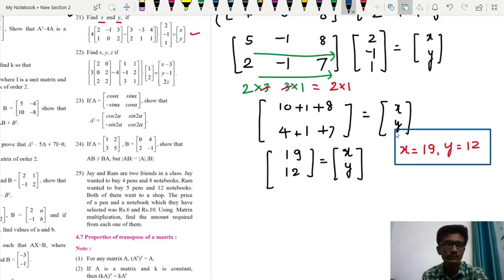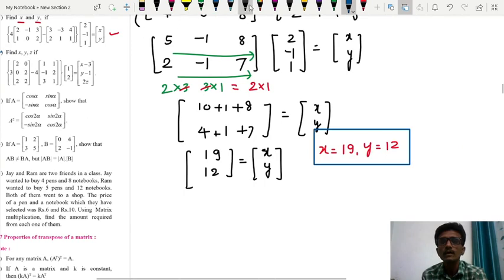Okay students, we'll do the next question, that is question number 22. Here the answer of question number 21 is 19 and 12. So let's do the next question.